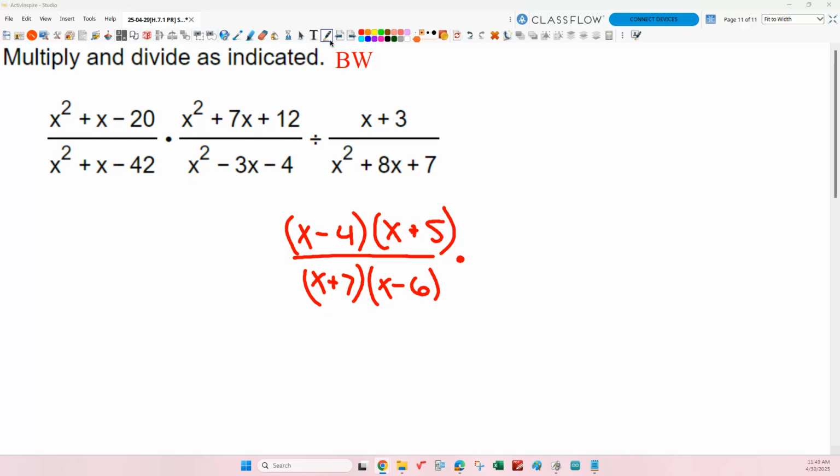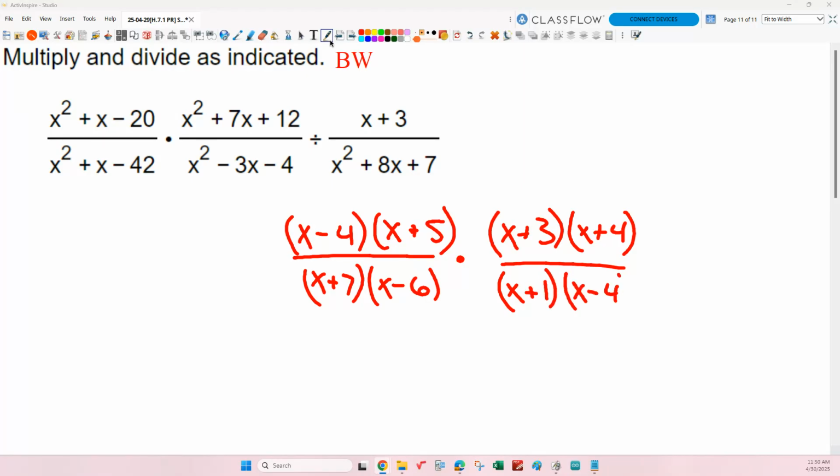What about the second one? And then the bottom? Okay. Did you keep the division and factor the bottom, or did you flip it and factor? You flipped it? Did you factor at the same time?